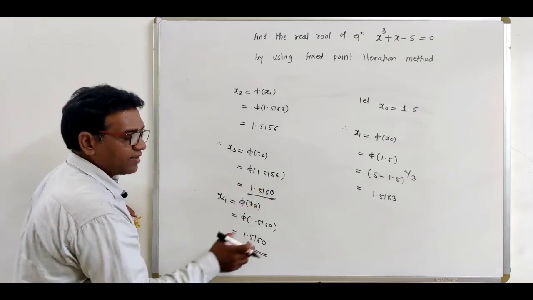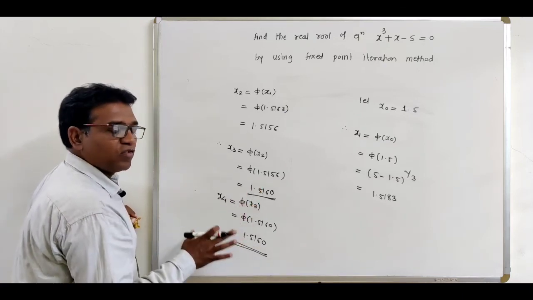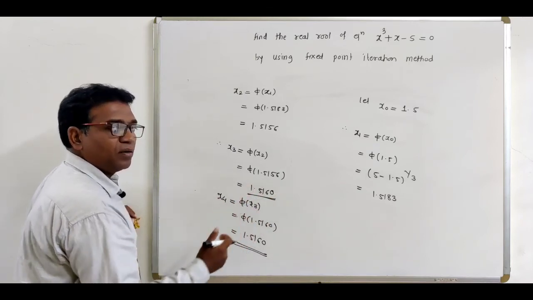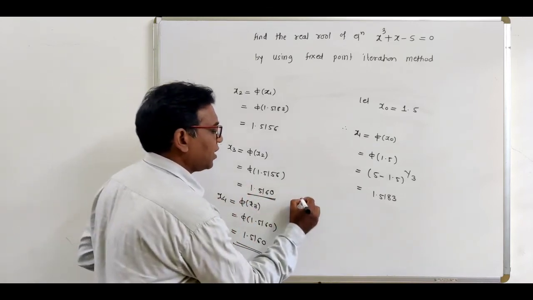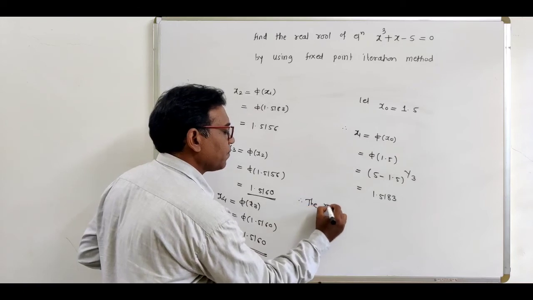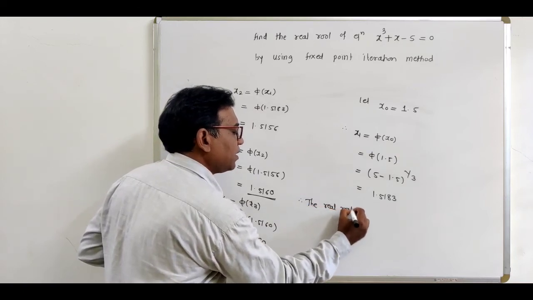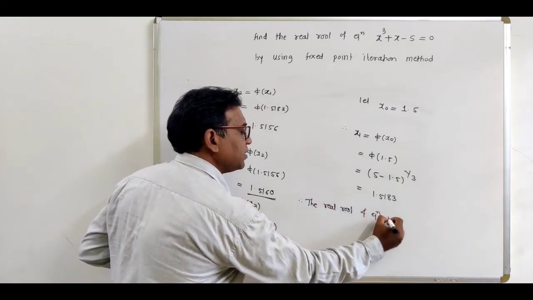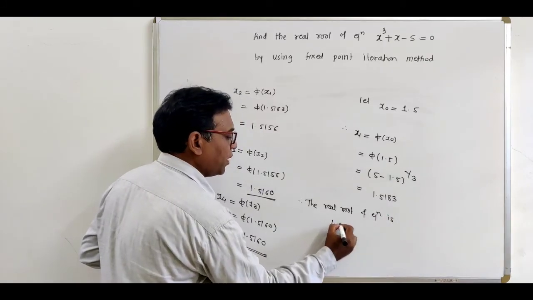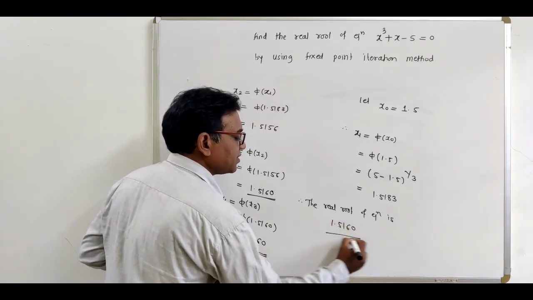So up to 4 decimal places it is the same. So we can say that this is the real root of the equation. So write down here the conclusion. Therefore, the real root of the equation is 1.5160.